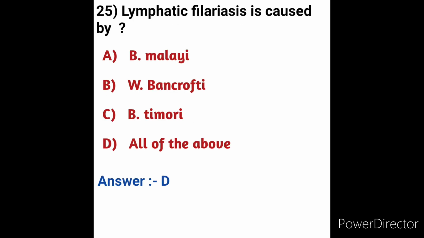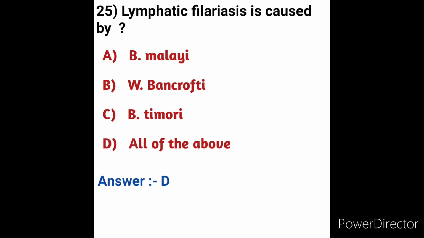Question number 25. Lymphatic filariasis is caused by. We will see the options here. Option A B. malayi, option B W. bancrofti, option C B. timori, option D all of the above.